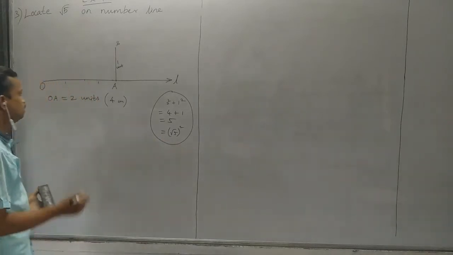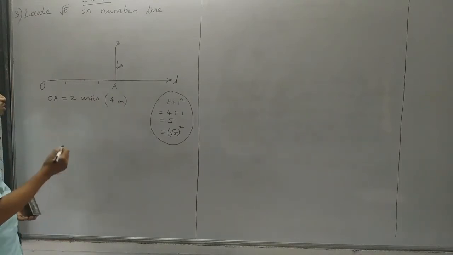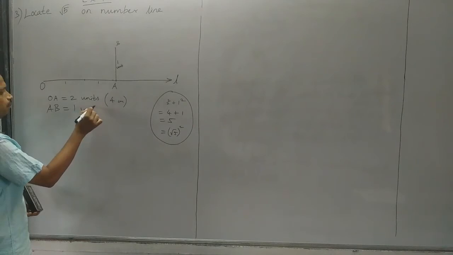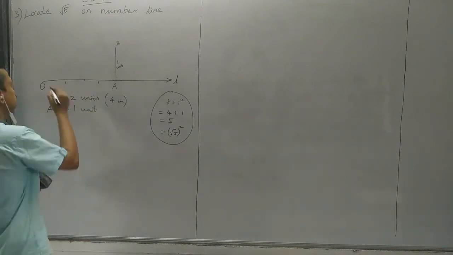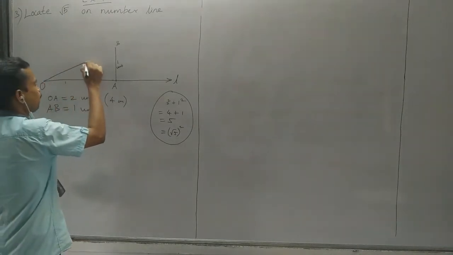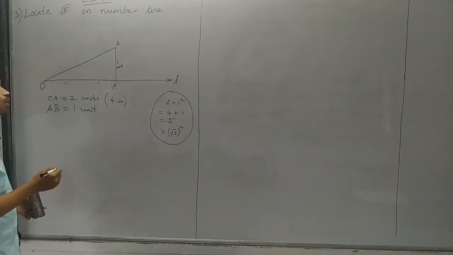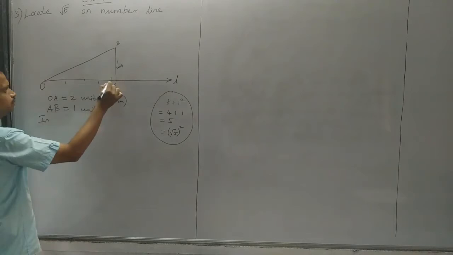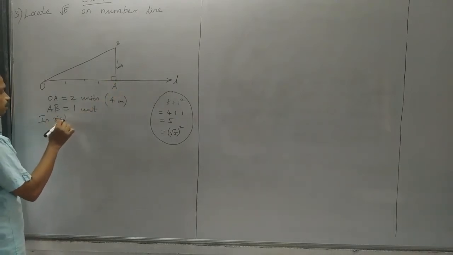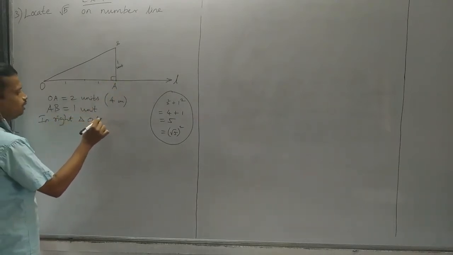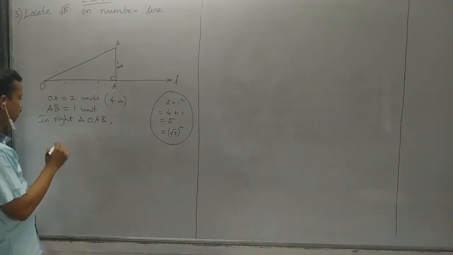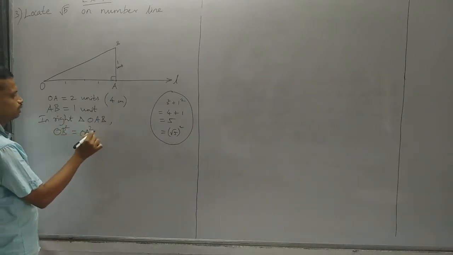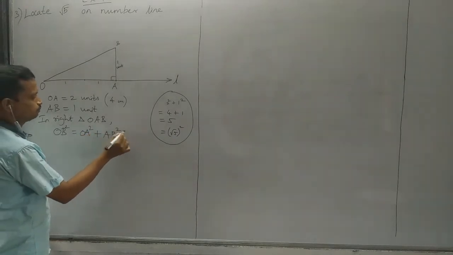So like that, here OA is 2 units and AB you take 1 unit and you join OB. By Pythagoras, in right triangle OAB, OB square is equal to OA square plus AB square.